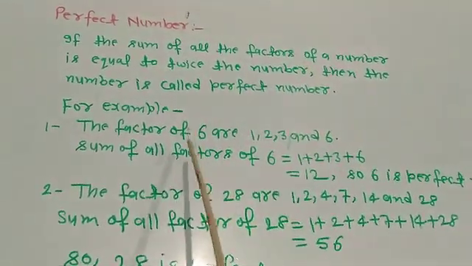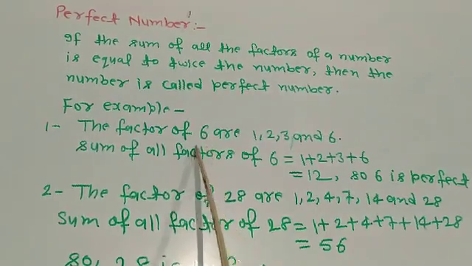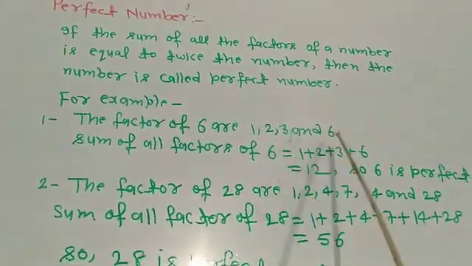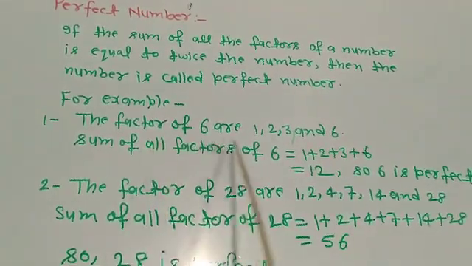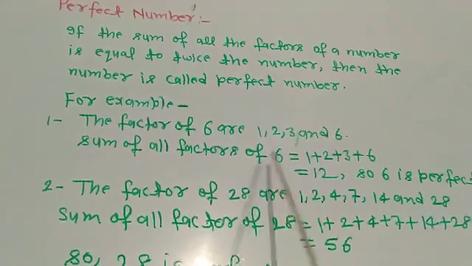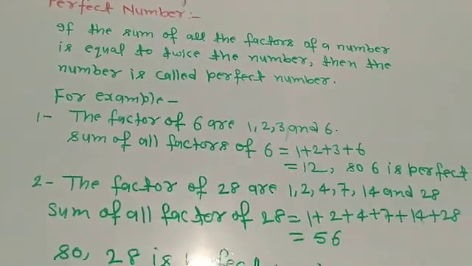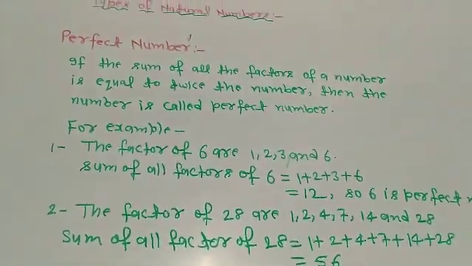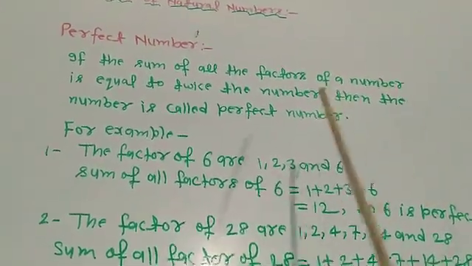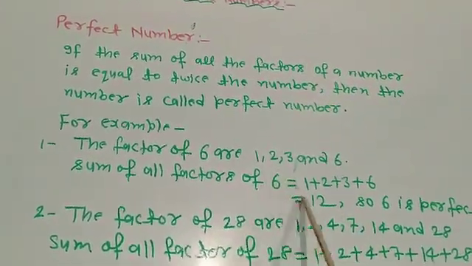Here 6 is the number. Factors of 6 are 1, 2, 3 and 6. The sum of all factors is 12. 12 is double of 6. So according to the definition of perfect number, 6 is a perfect number.